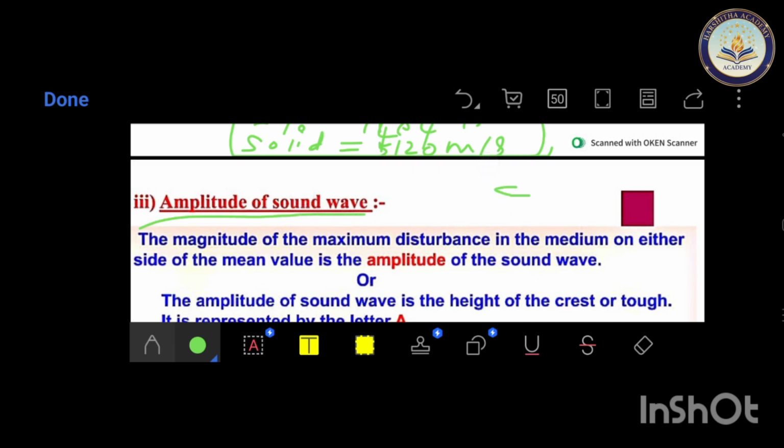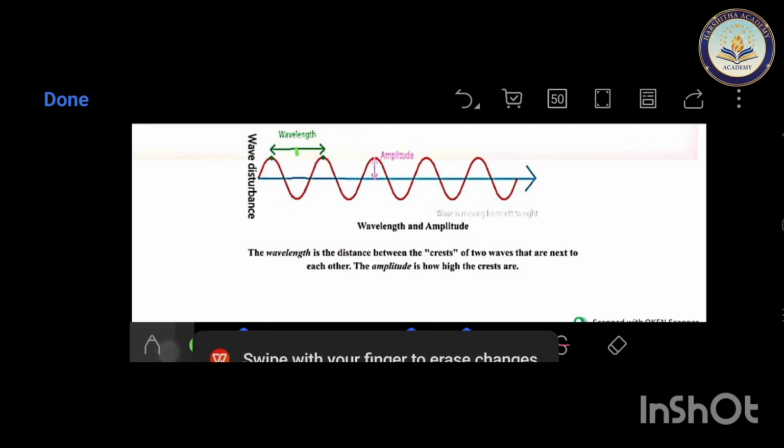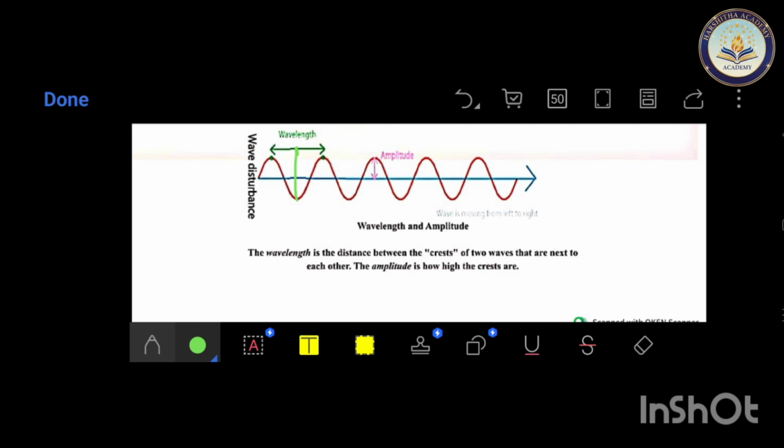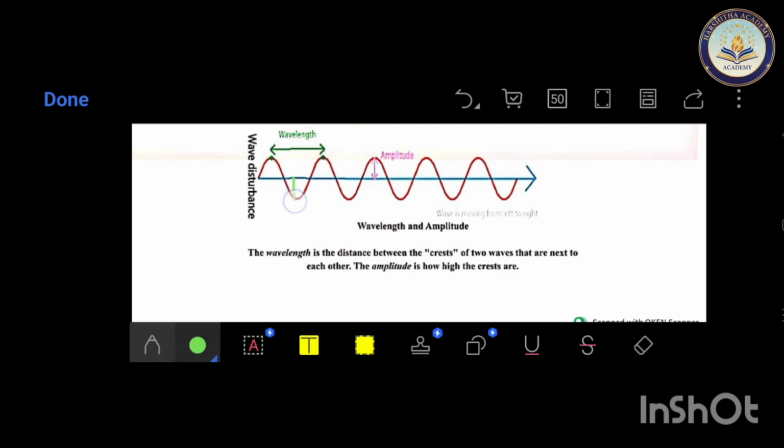What is amplitude, guys? The maximum displacement from its mean position is equal to the magnitude. Here, half the wavelength we call amplitude.